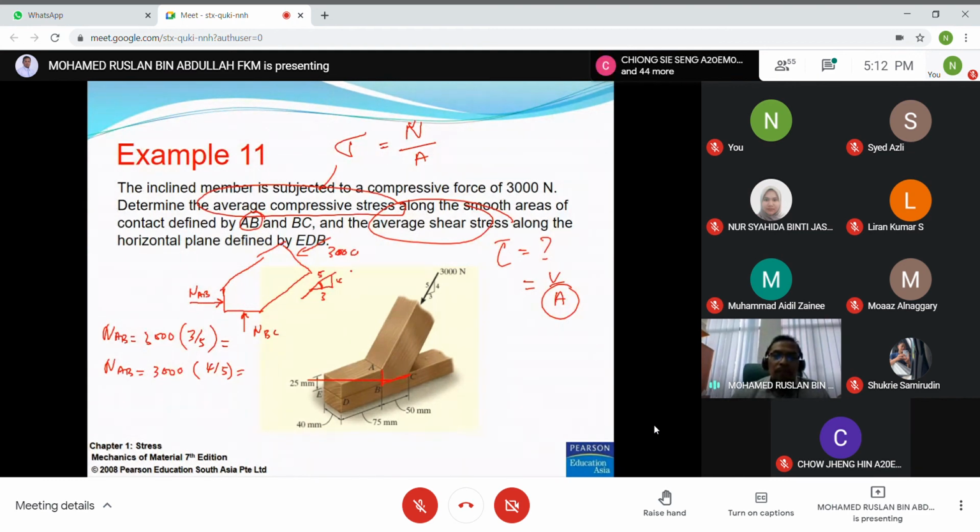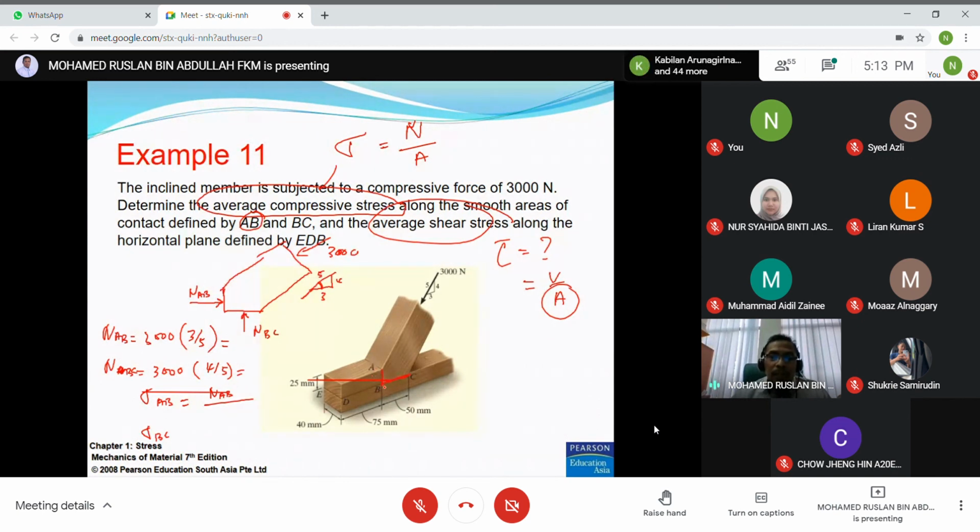So from here, you can determine sigma AB and sigma BC. Sigma AB equals NAB divided by the area of AB.